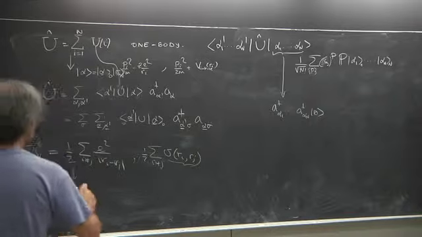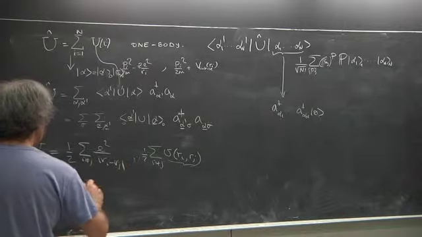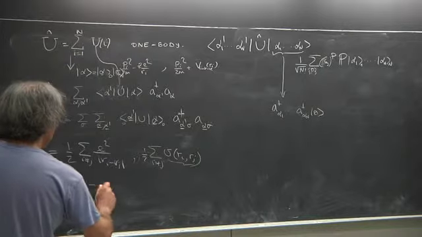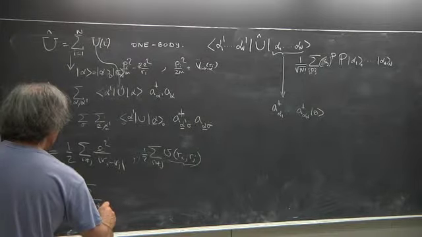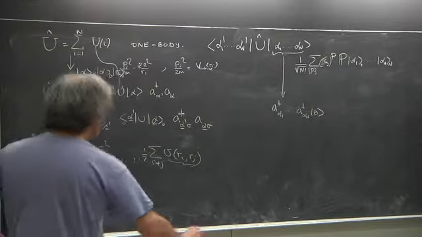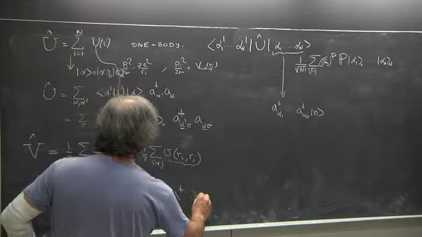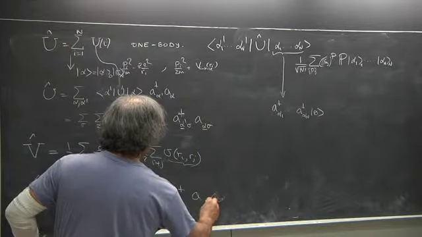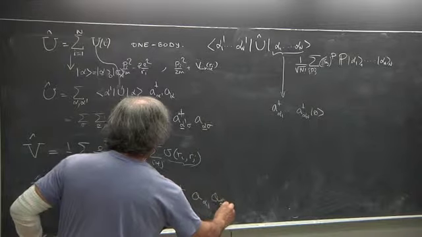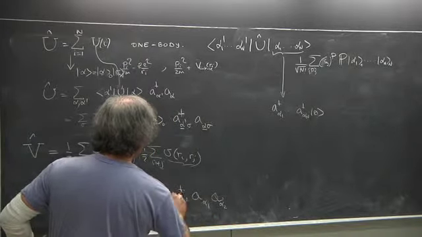So let me just write it as, well, there is a 1/2, then there is a sum over alpha 1 and alpha 2, alpha 1 prime and alpha 2 prime. Then there is an A dagger, A. So say this is alpha 1, this is alpha 2, this is alpha 1 prime, and this is alpha 2 prime.